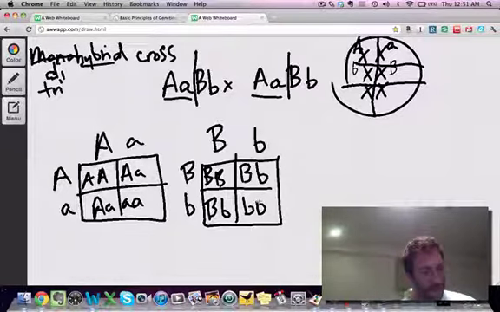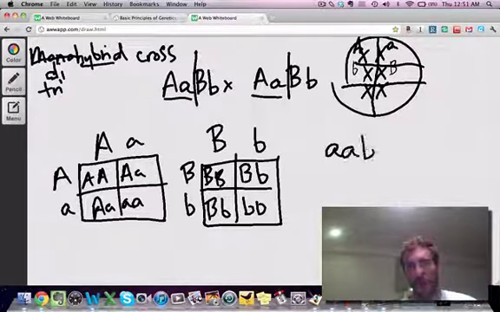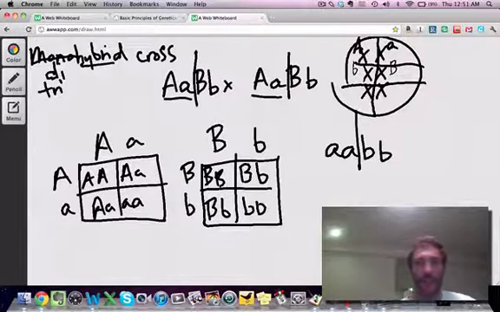Okay, so it's going to look something like this. I can ask you a question like, what's the probability of getting an individual that is aa, bb? That seems like a complicated question, but really, again, we can separate it into two separate events. The chance of getting little a is 1 out of 4, so 1/4.